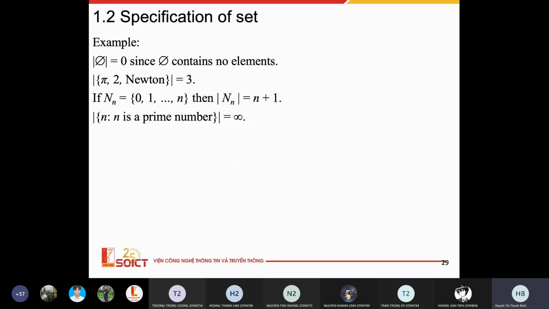Here are some examples for specification of sets. The first example shows the number of elements in the set is 0. In the second example, the number of elements is 3.